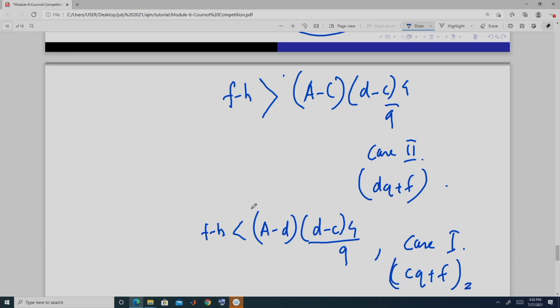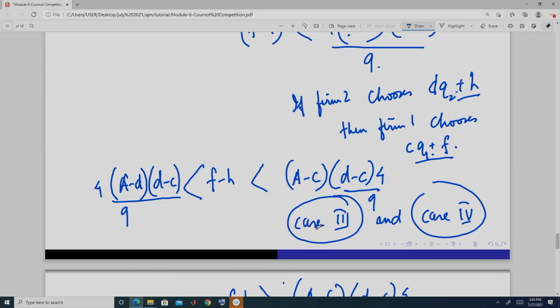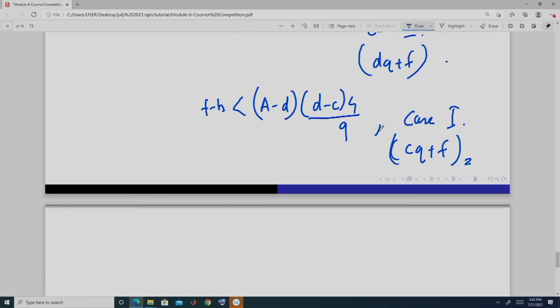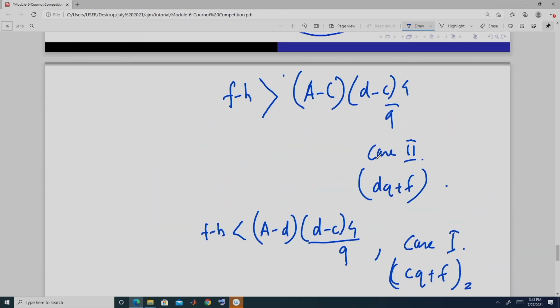So, what do we get? We get many possibilities. We have one situation with symmetry, that is case 2 and case 1. We have this when the difference between the fixed costs is either sufficiently high or sufficiently low. Case 2 when it is sufficiently high, case 1 when it is sufficiently low.